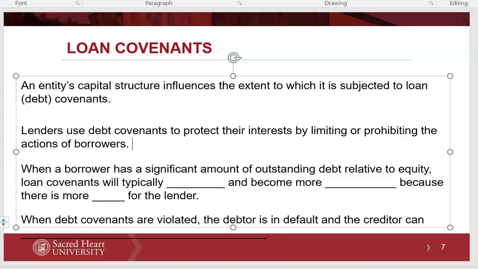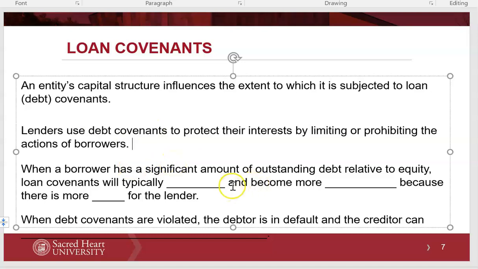And so these debt covenants are stipulations put on the contract that says, whatever the lender decides, your current ratio may not fall below 1.5, or debt to equity ratio must be no greater than 2. Whatever that lender comes up with is what the borrower must follow.